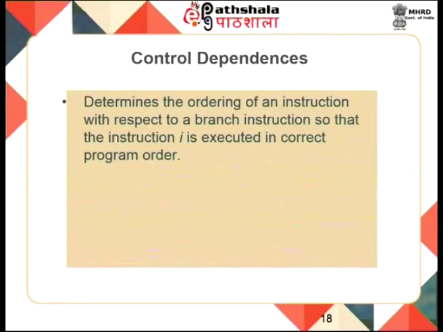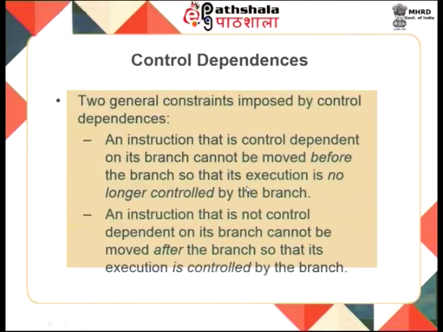So, the next type of dependence is a control dependence. This determines the ordering of an instruction with respect to a branch instruction, so that instruction I is executed in correct program order. Two general constraints imposed by control dependencies are: an instruction that is control dependent on a branch cannot be moved before the branch, so that its execution no longer depends on the branch.